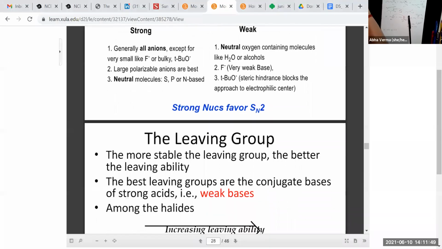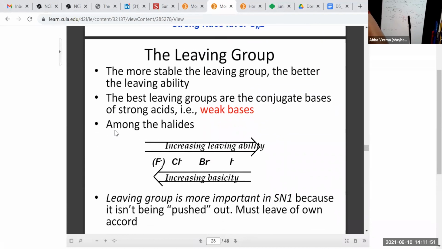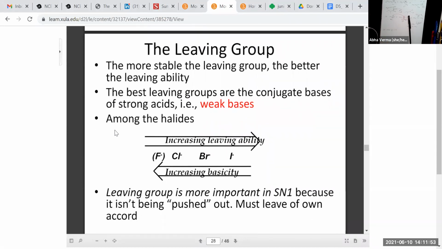Okay, and this is where you can look at our leaving group guide. Just like in your acid base, you need a very stable leaving group, right? If you have a reactive leaving group, it will not leave. So the more stable the leaving group is, the better leaving abilities it will have.